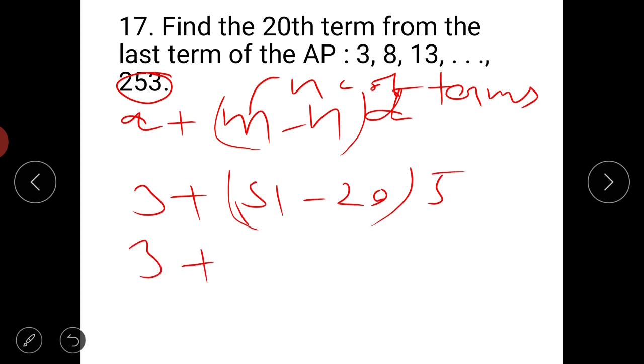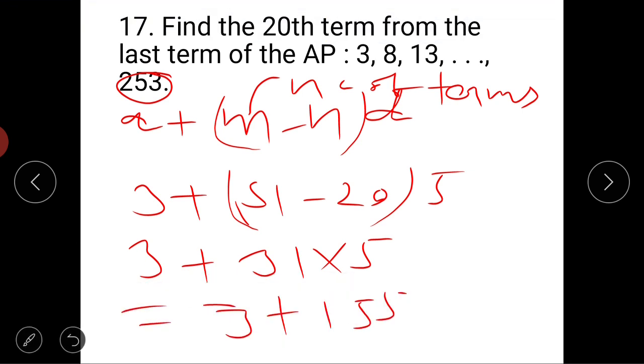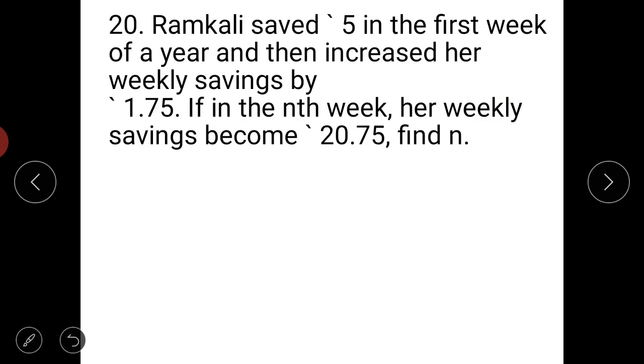So 3 plus 51 minus 20, that is 31, into 5, that equals 3 plus 155, and that equals 158.